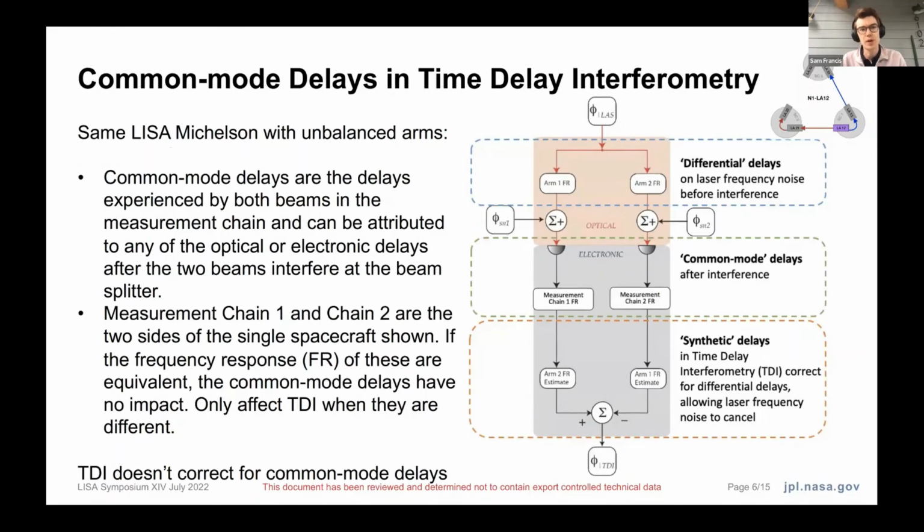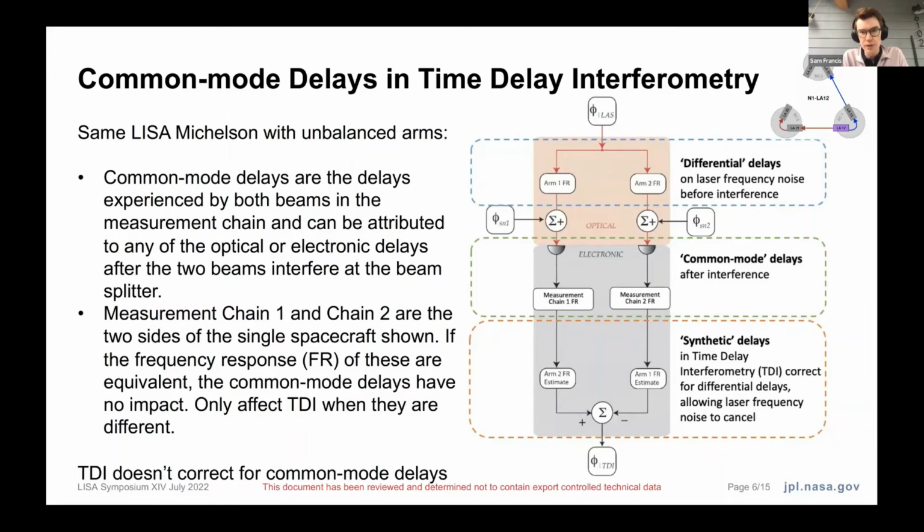When we start talking about common mode delays, we're now adding an additional set of delays along these chains. Here I'm representing these common mode delays by these boxes: measurement chain 1 frequency response and measurement chain 2 frequency response. As I said, these delays could really be anything following the interference of the lasers on the beam splitter, but likely dominated by electronic delays.